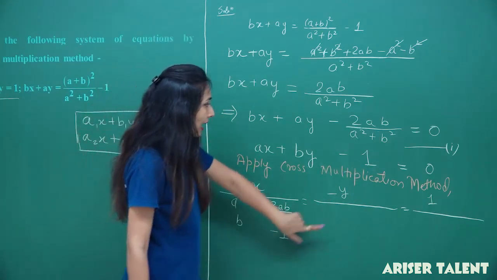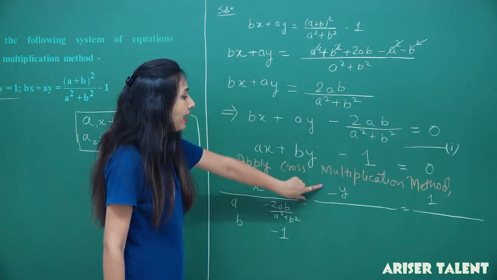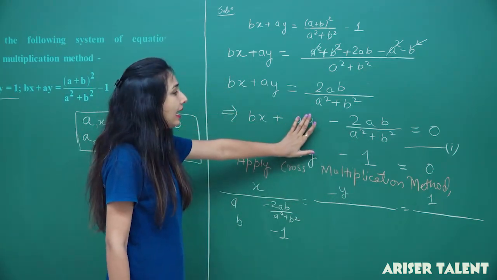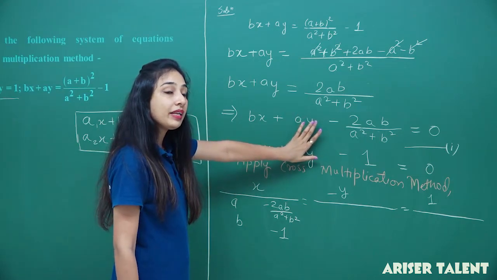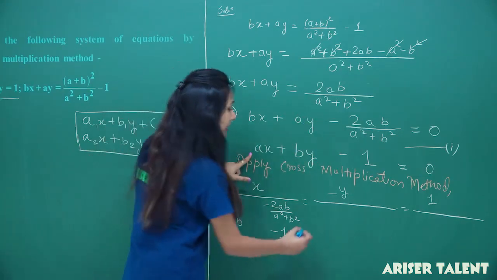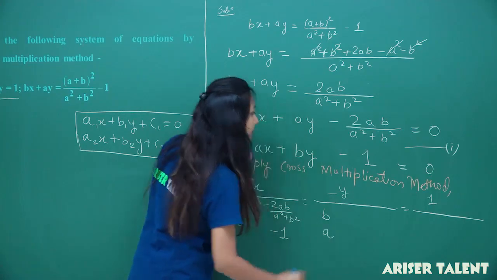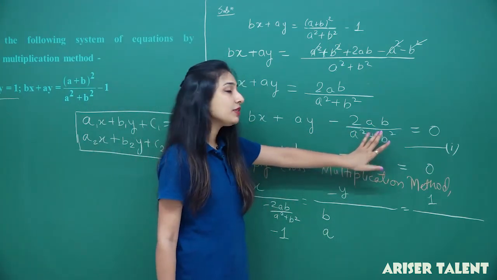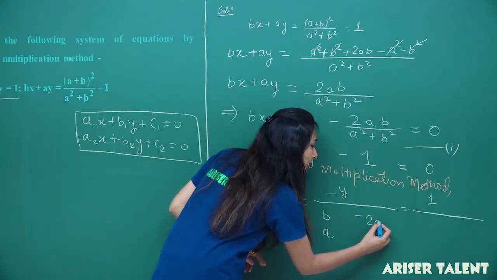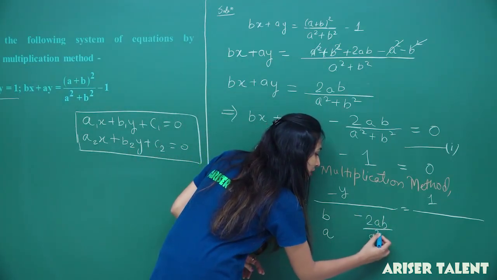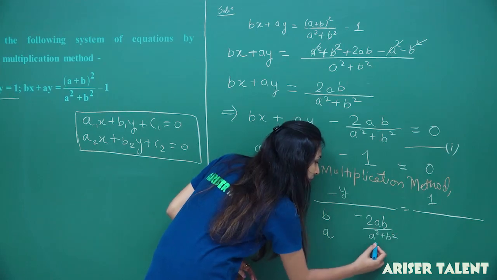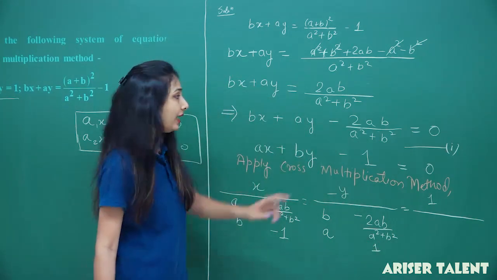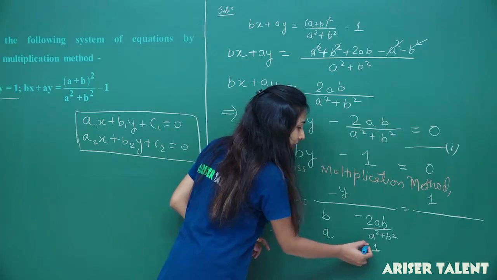Right? Now I'll be having this y. So I'll hide this y, and what I'm remaining with is this b and a here, and this minus 2ab upon a square plus b square here, and minus 1 here.